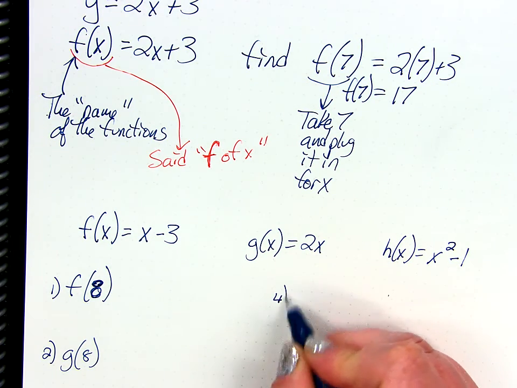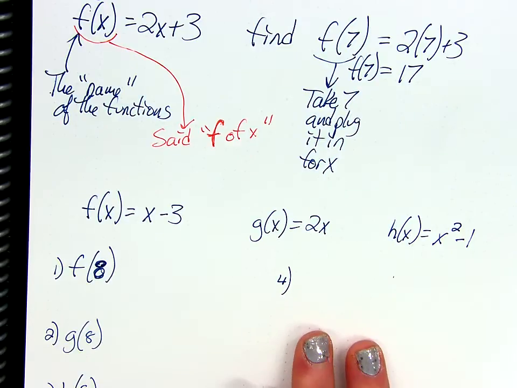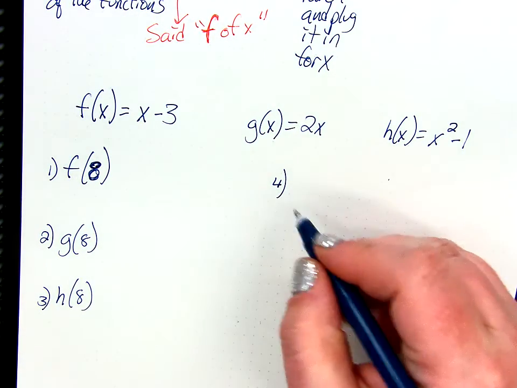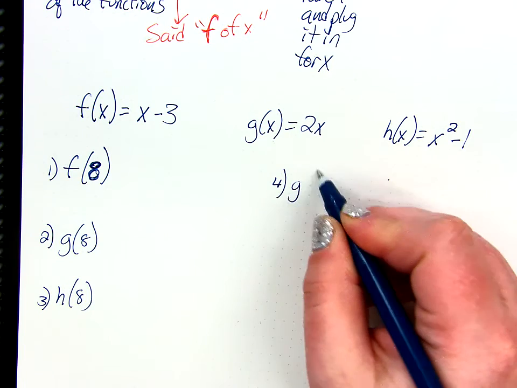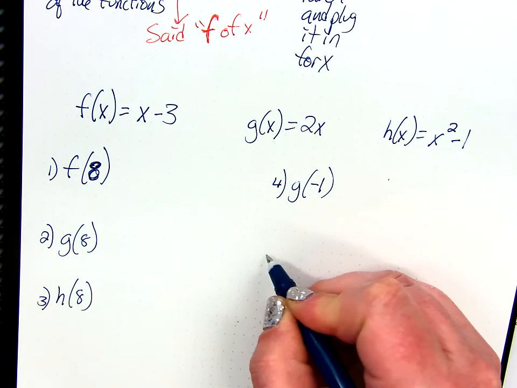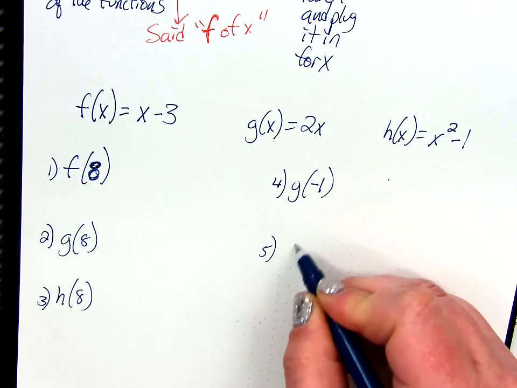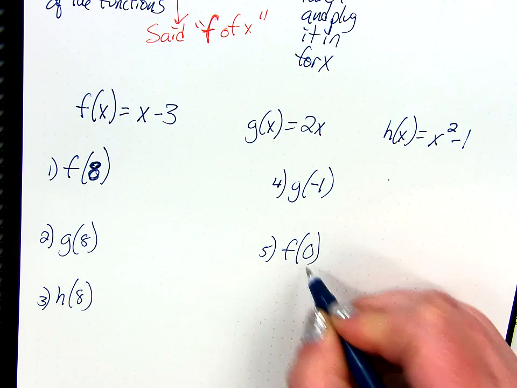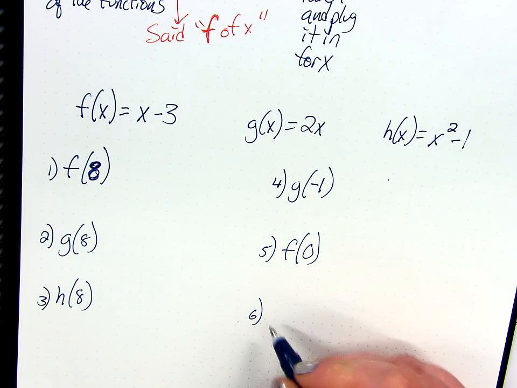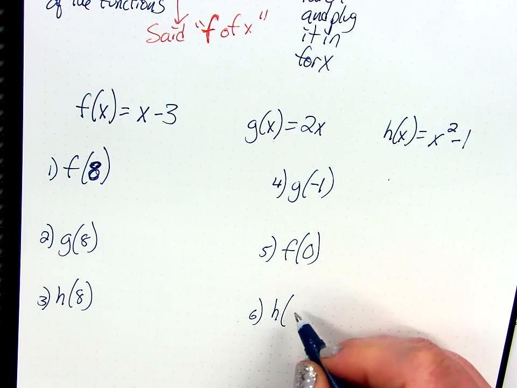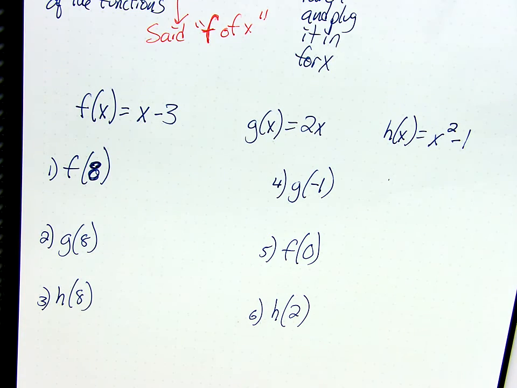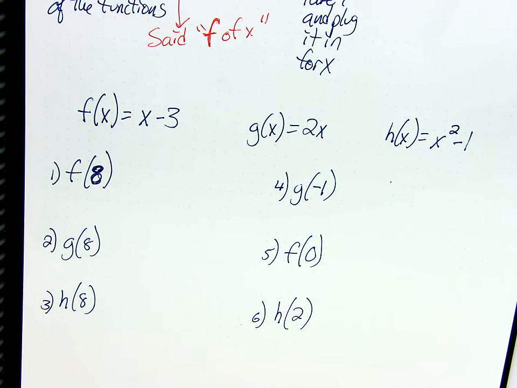And then let's do a problem 4 over here. Let's say we did g of negative 1, f of 0, and h of 2. That's enough for now, and then maybe we'll try some after we get these.